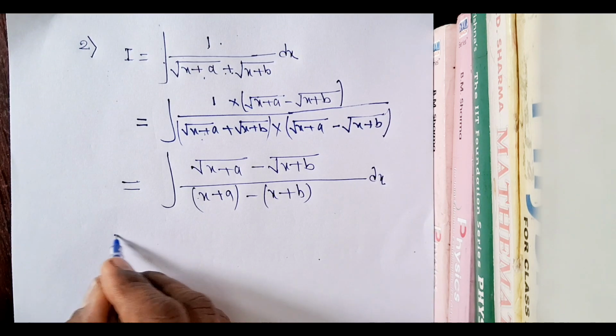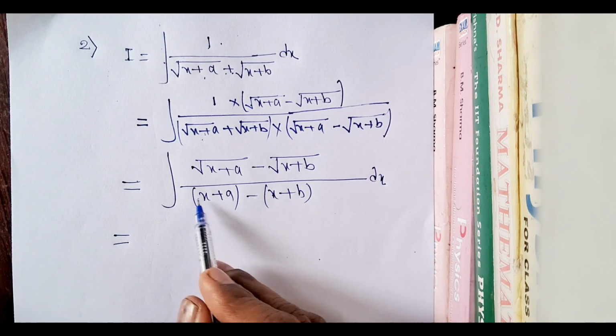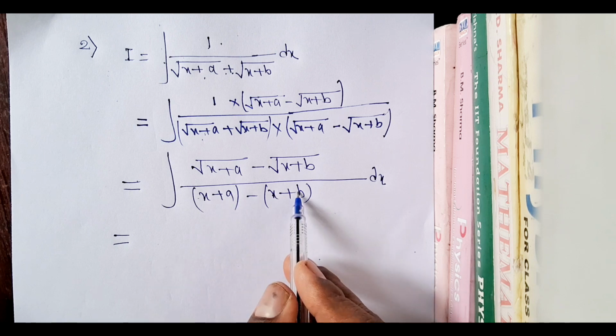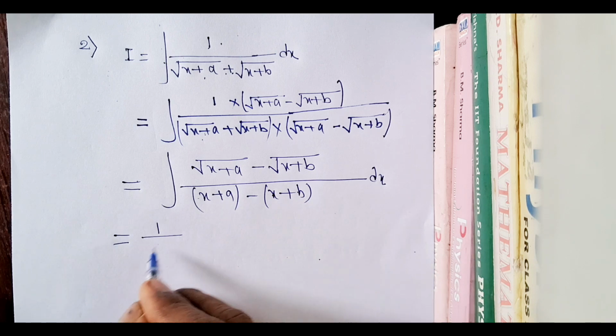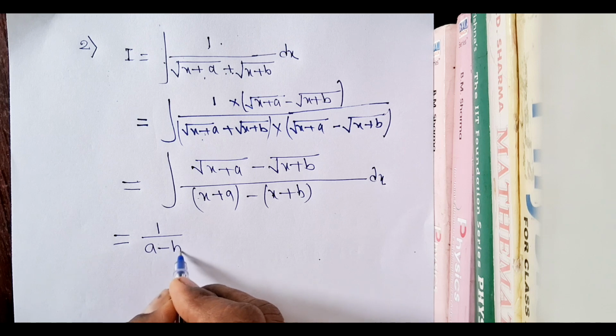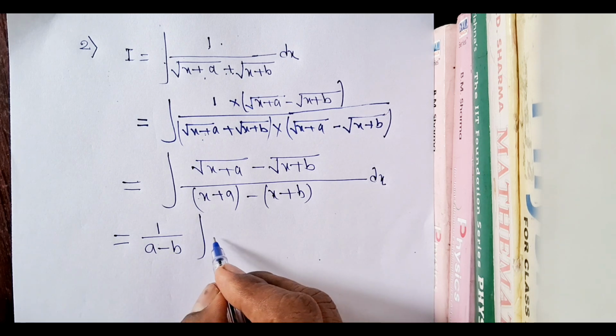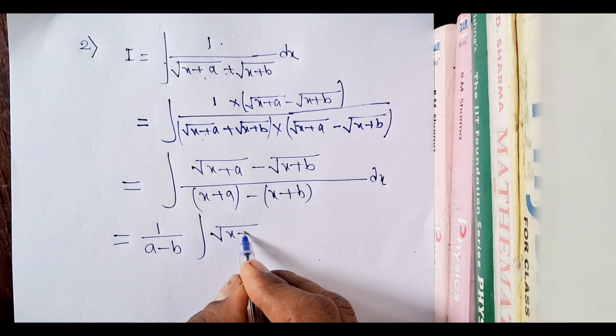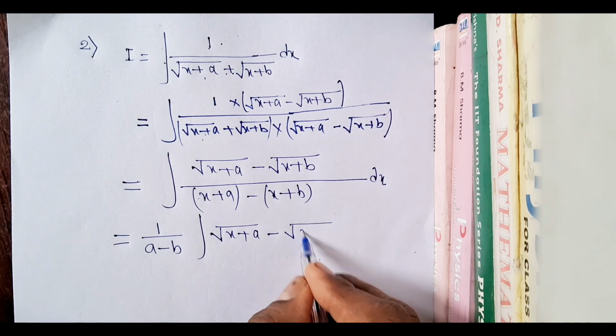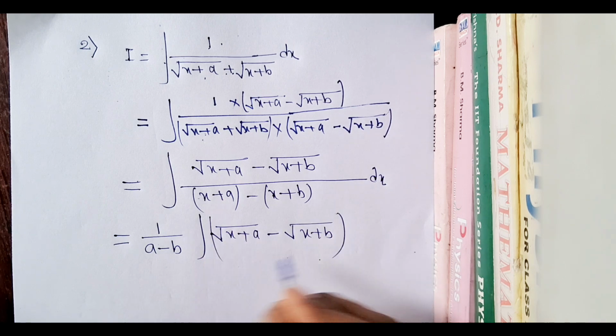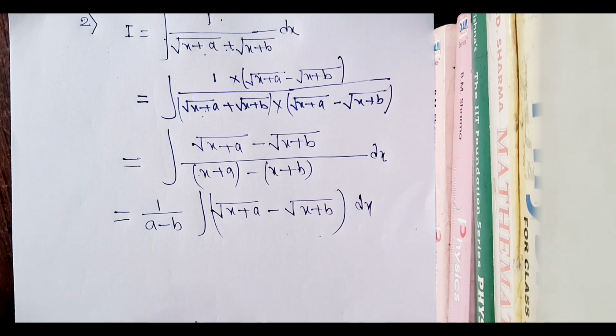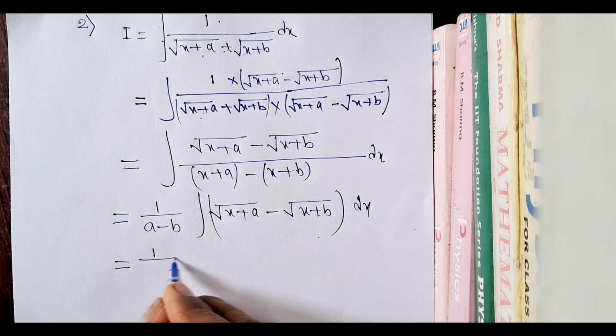Then x minus x cancels out, leaving a minus b, which is just a constant, so you can take 1 by a minus b out of the integral. What is left is root of x plus a minus root of x plus b dx.